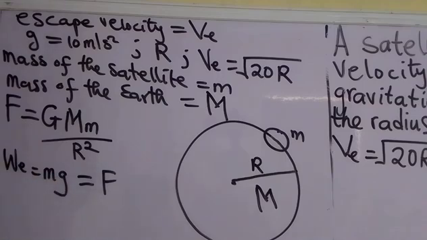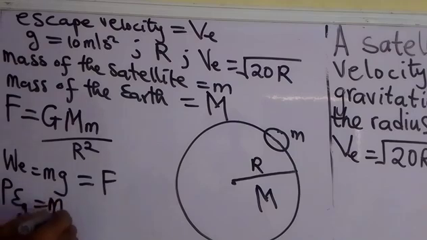Okay? Now, this satellite is inside the gravitational field of the Earth. When an object is in a gravitational field, it possesses potential energy. Now, gravitational potential energy for this satellite is given by force, which is mg, times distance.